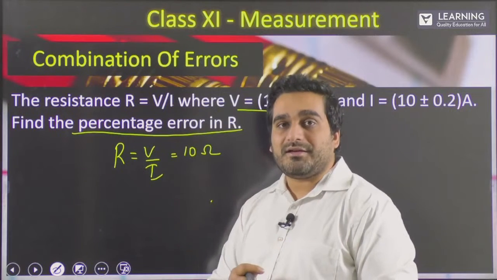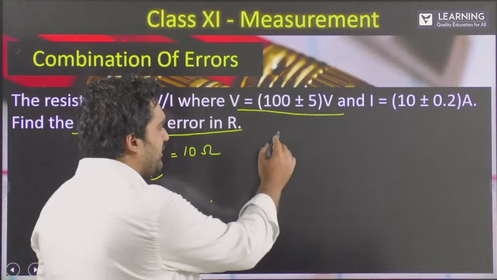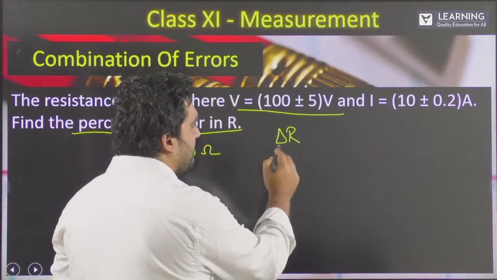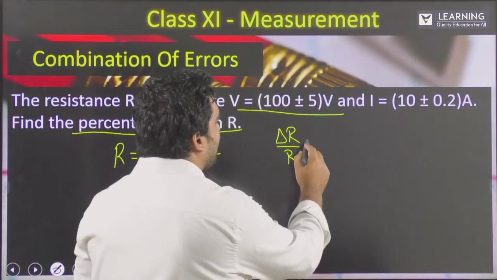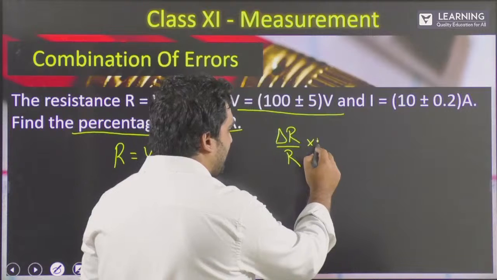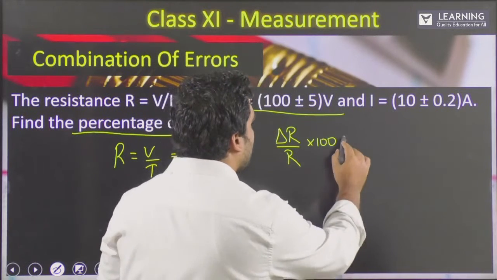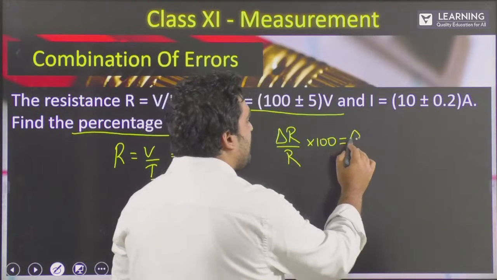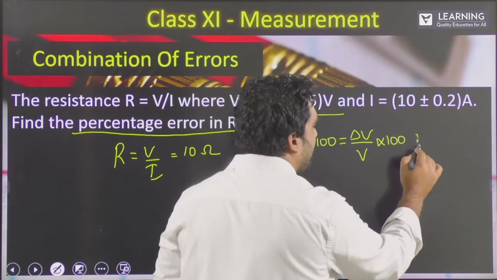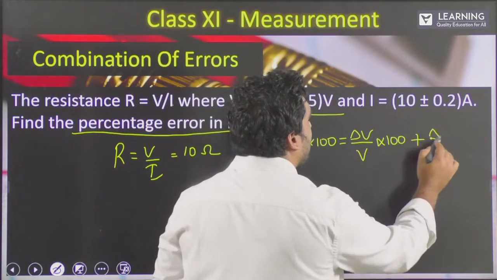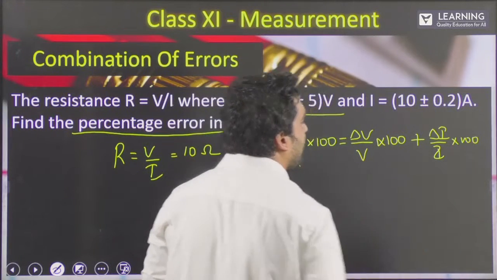What about the error? To find the error, we write delta R by R, which is the relative error, times 100, because we're trying to find the percentage, which equals delta V by V times 100 plus delta I by I times 100.